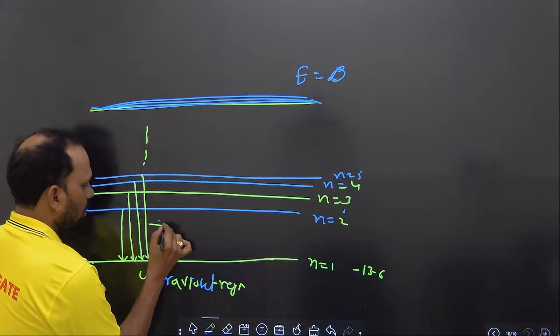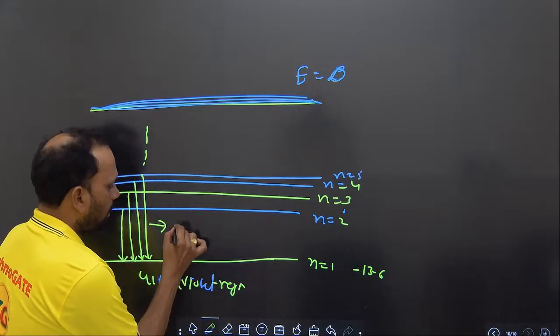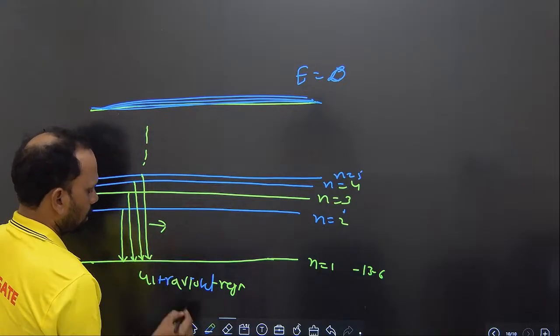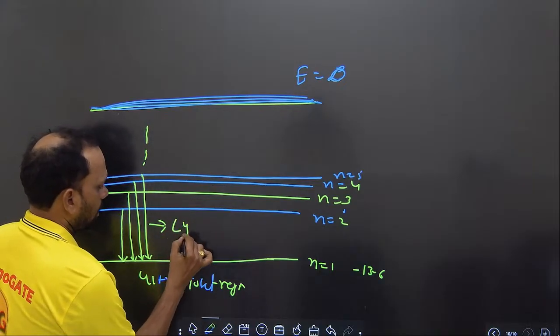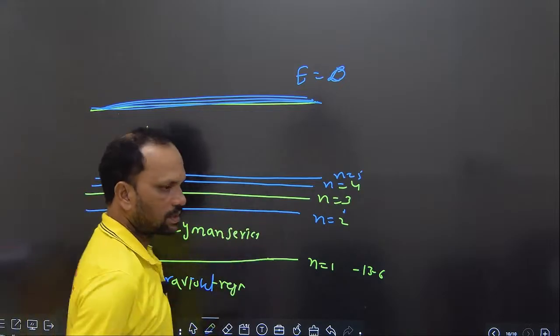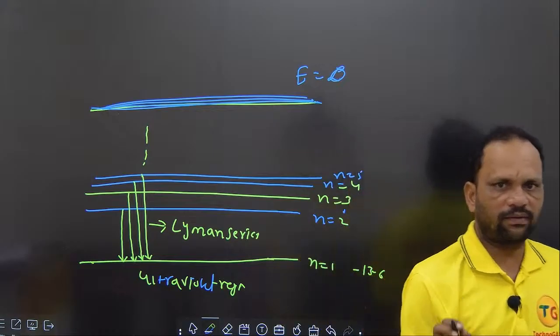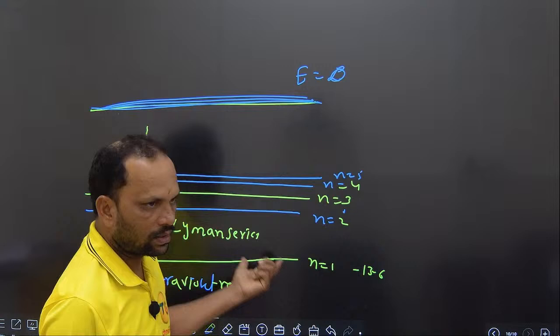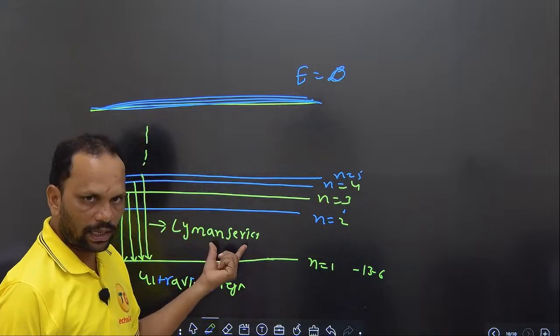This series is called the Lyman series. Whenever an electron jumps from the higher orbit to the ground state, that series is called the Lyman series.